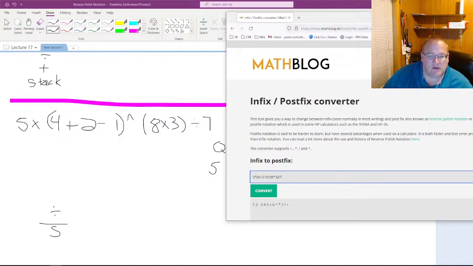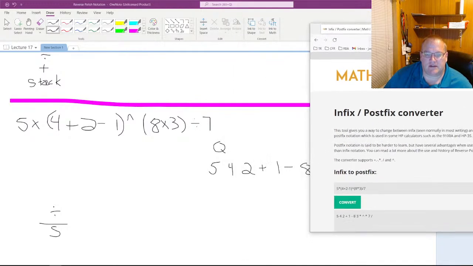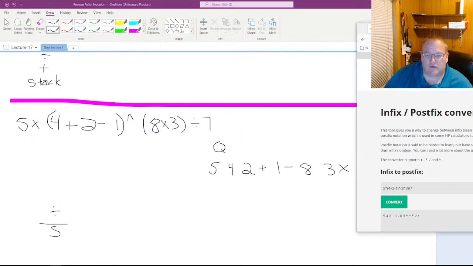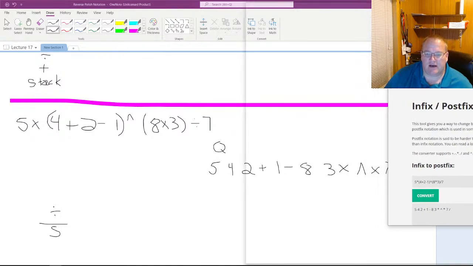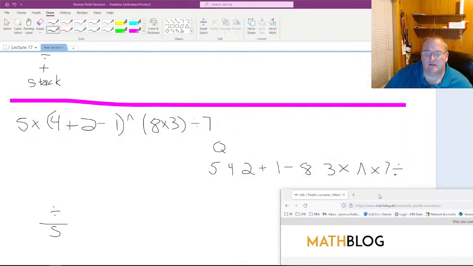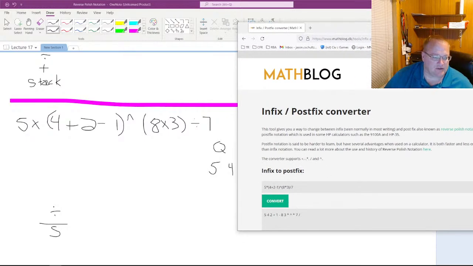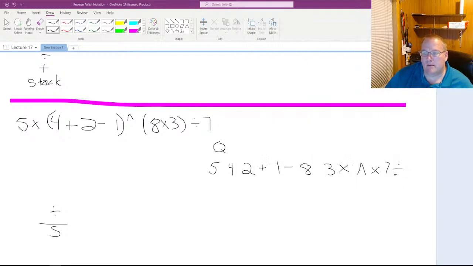Good. Convert. All right, let's look here. 5, 4, 2 plus 1 minus 8, 3 times caret times 7 divide. Postfix. Oh, to finish this off, I should probably have erased this, because at the end I just need to put whatever's in that stack into the queue.